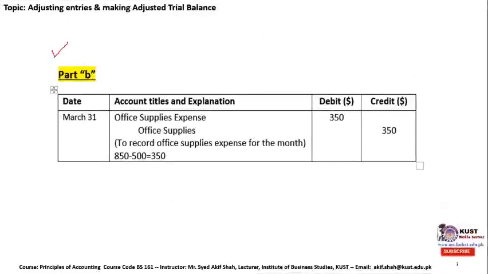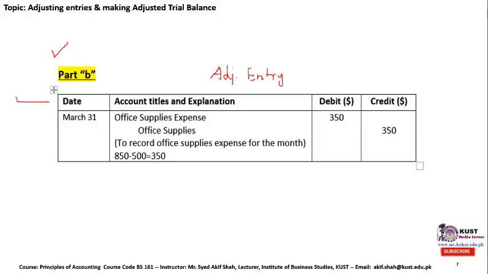So here we have part B. This is our adjusting entry. You have to give the title just above this specimen of journal, that you are performing an adjusting entry, right? So you have to write down fully adjusting entry, as I am writing it in short fashion.